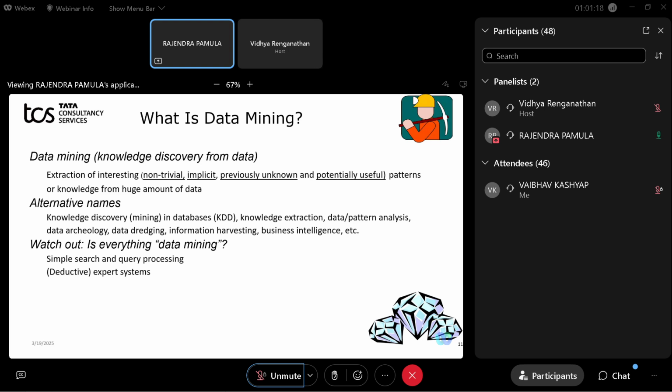Suppose, for example, I give you a small example: a class of 100 students, and I know the average marks of the students, the topper, and the lowest mark of the data.